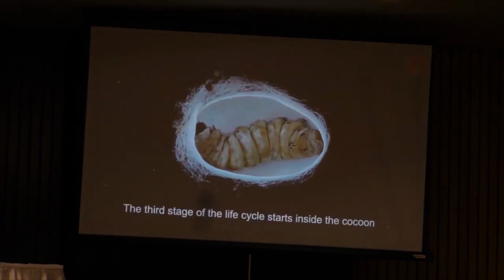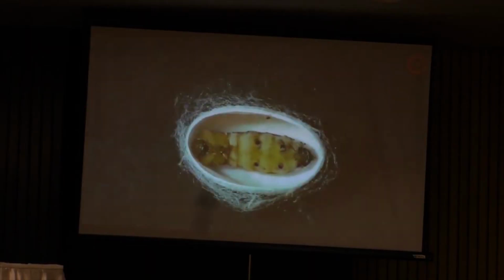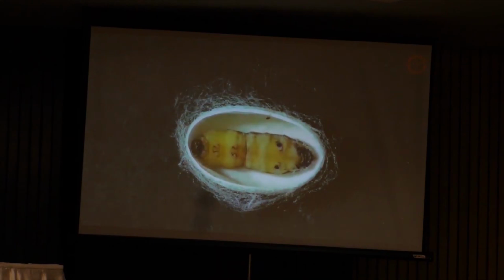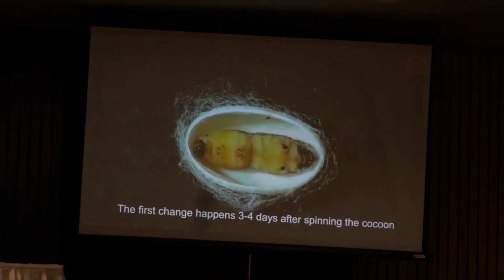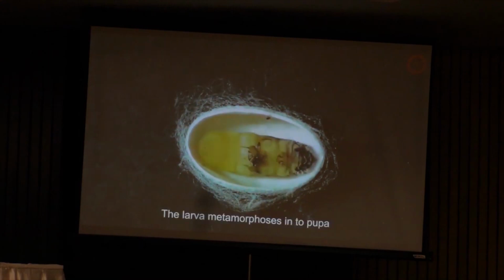The third stage of life cycle starts inside the cocoon. The metamorphosis happens in 2 distinct stages. The first stage happens 3 to 4 days after spinning the cocoon. The larva metamorphoses into pupa.